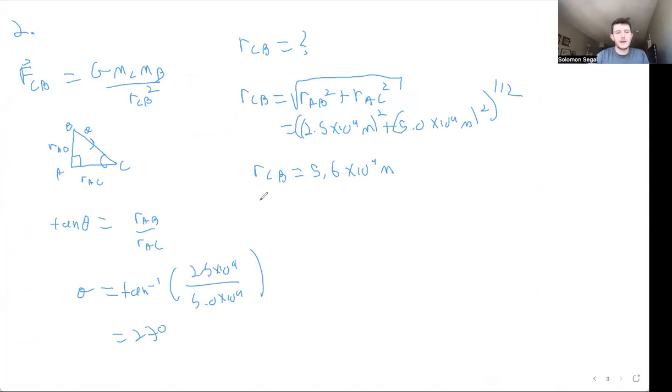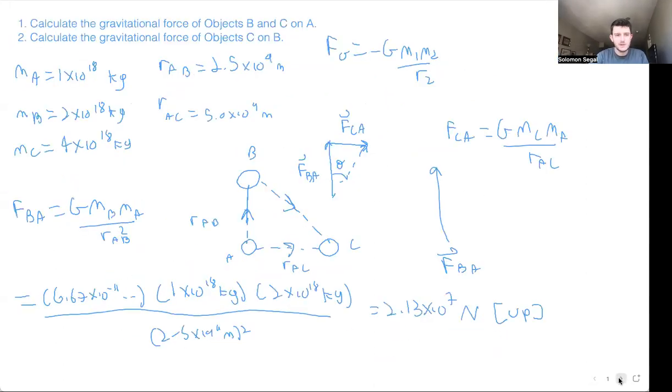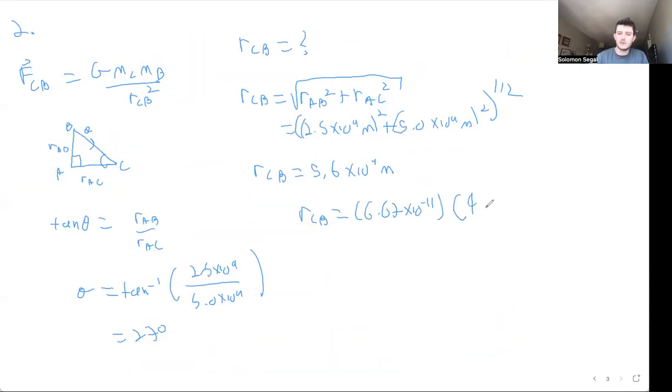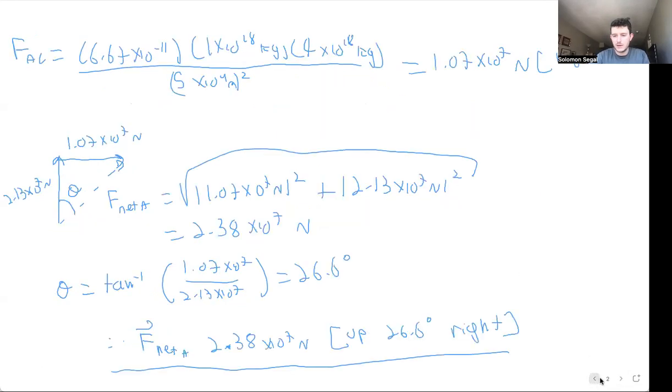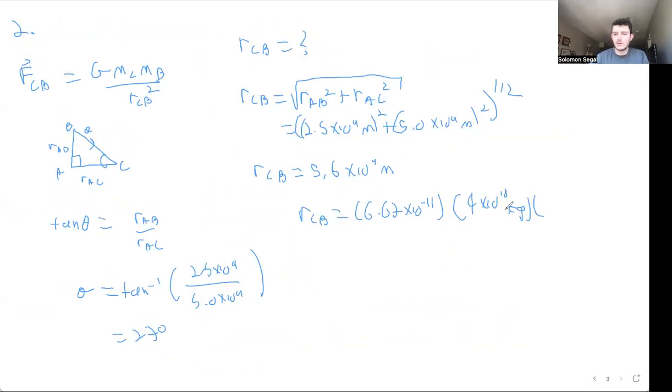So now we just need to calculate FCB, which we can do. And the mass of C is 4 to the 18. And the mass of B is 2. Okay, lovely. Divide all that to the 9 meters.